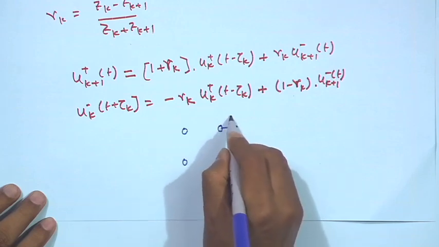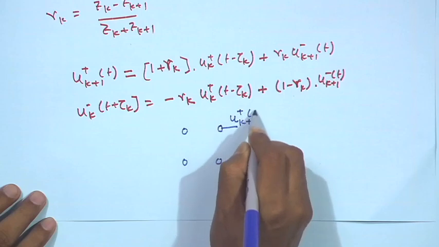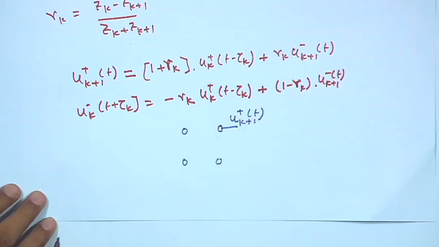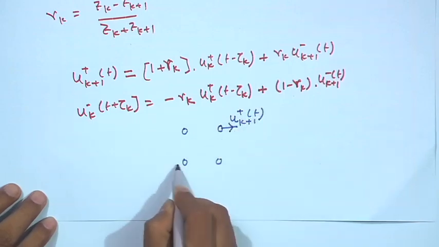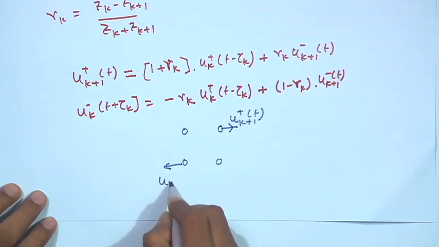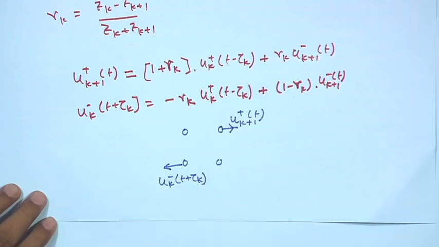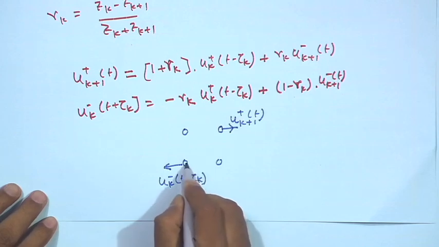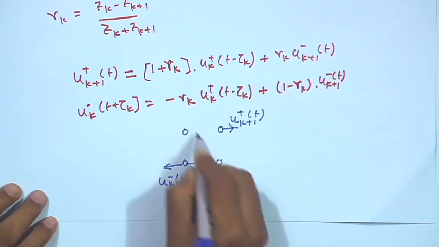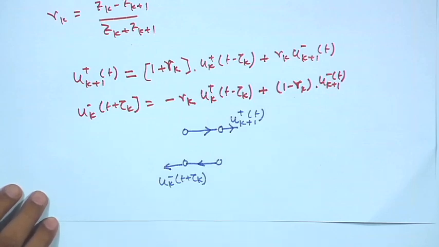This is nothing but u_{k+1}^+(t), and this is going in this direction, and the backward wave is going in this direction at the junction. So, it is nothing but u_k^-(t plus tau_k). Okay. So, the signal flow I can say is this direction, this is the forward direction and this is the backward direction.